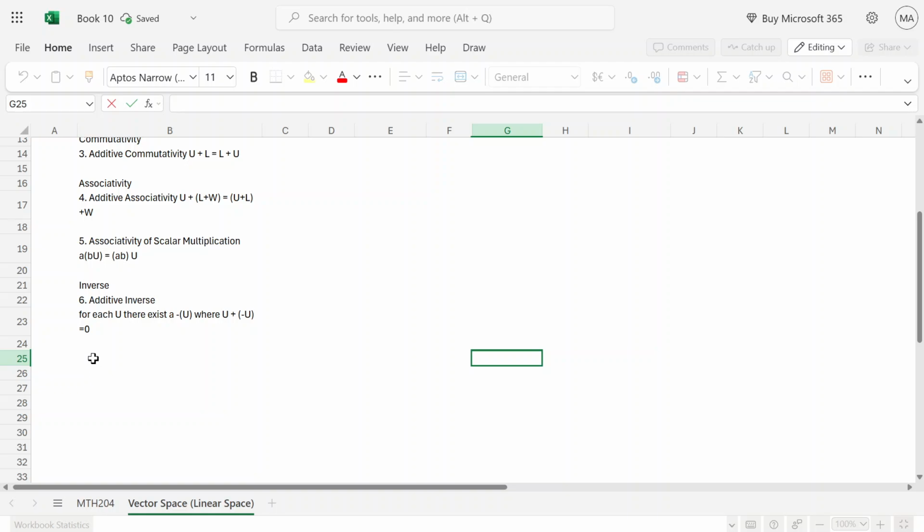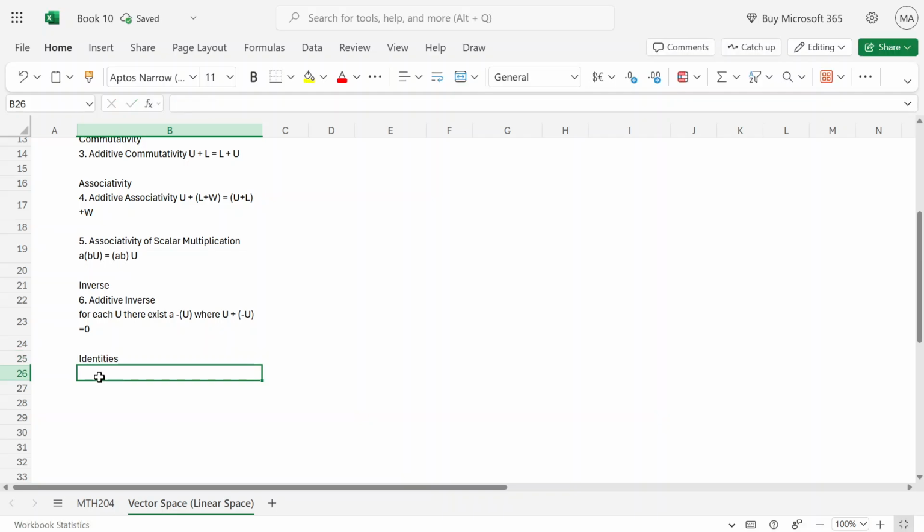Now we have the identity rules, identities. First, let's talk about the additive identity. So all this is just saying, so this will be our number 7.